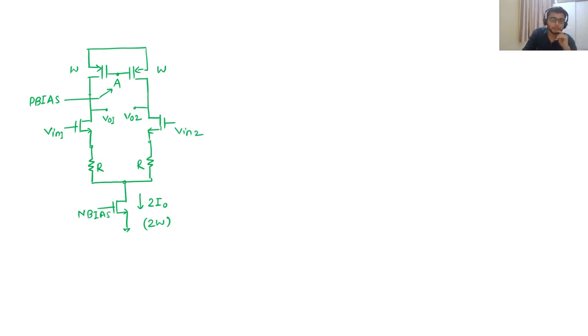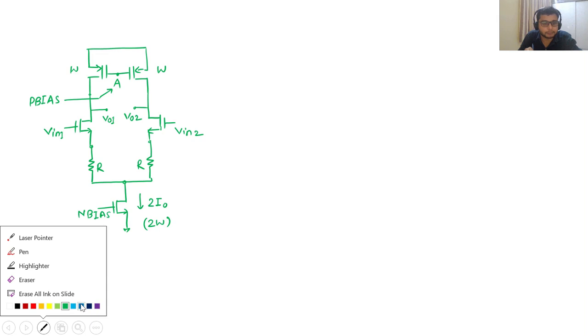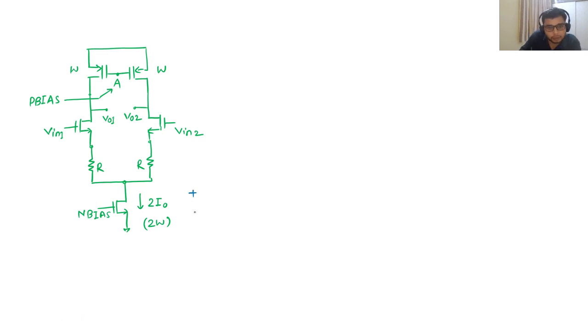So what you can see, if I want 200 millivolt as the overdrive voltage, and here also I want 200 millivolt as an overdrive voltage, and let VDD be my 1.8 volt.